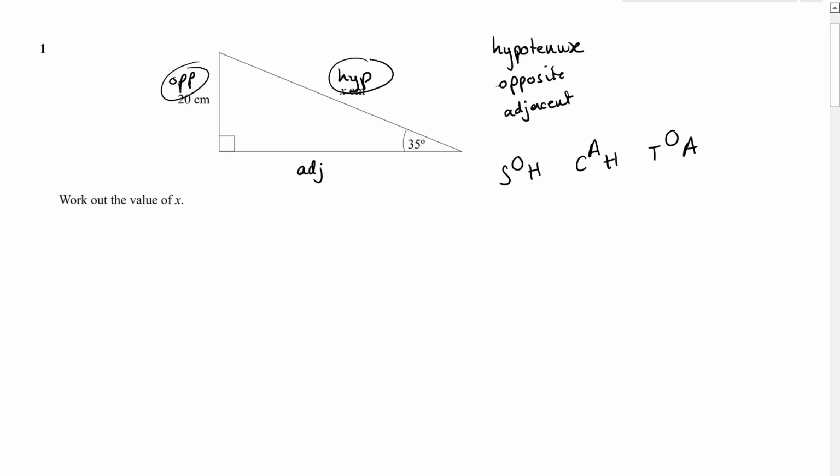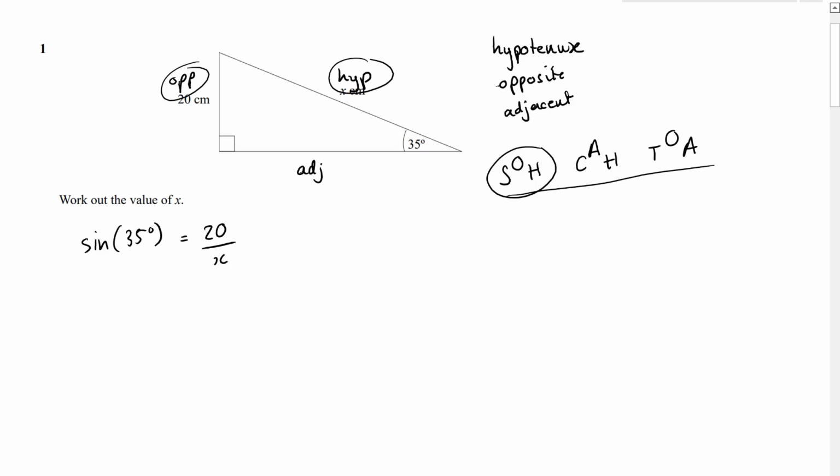The only one of these three functions that contains both an opposite and a hypotenuse is the sine function. So we can say that sine of the angle, which is 35 degrees, must be equal to the opposite, which is 20 centimeters, divided by the hypotenuse, which is x.